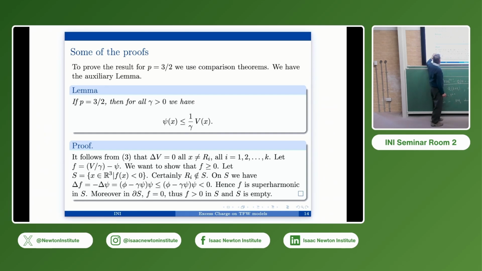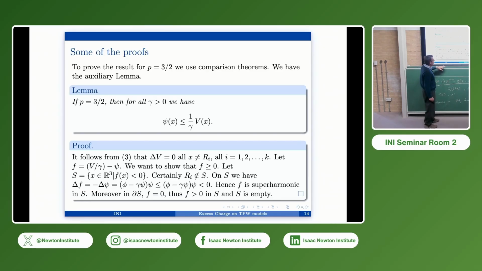And now, in order to prove that quantity there, you define the function f to be the difference between these two. And you want to show that f is bigger or equal to 0. So you study the set S where the function f is negative.